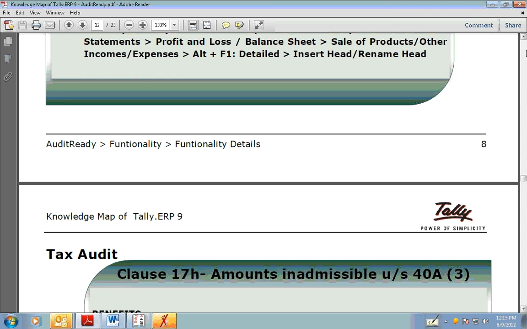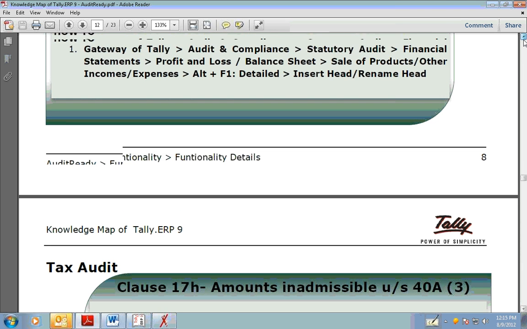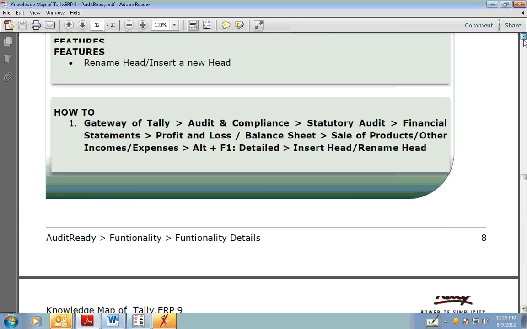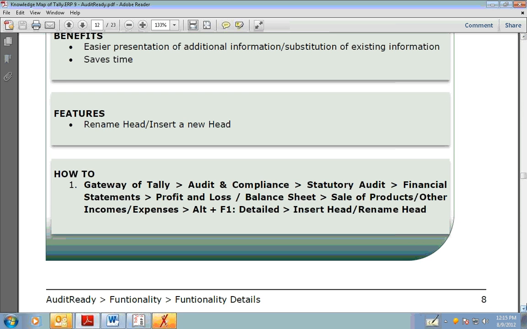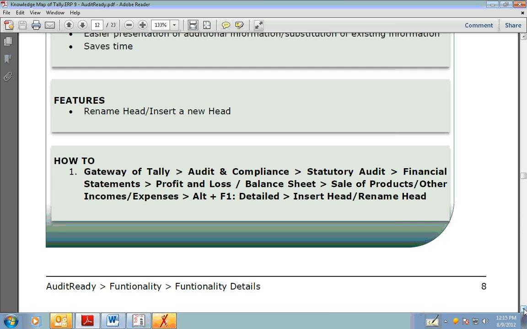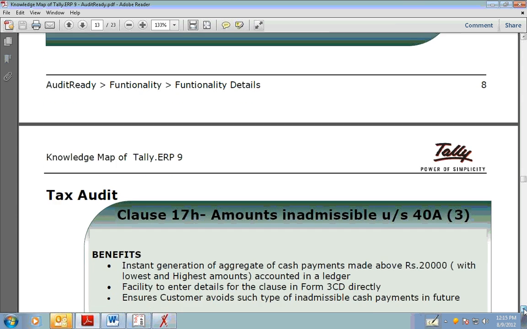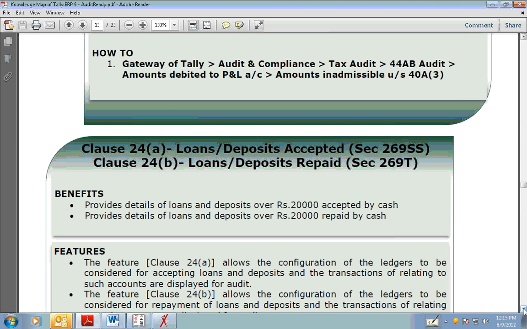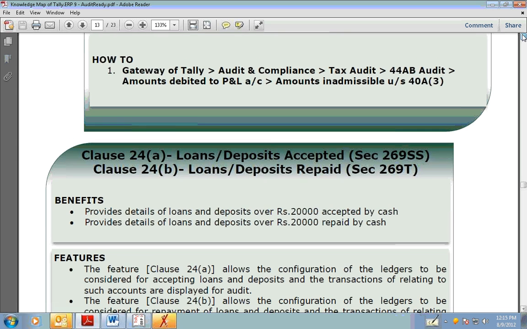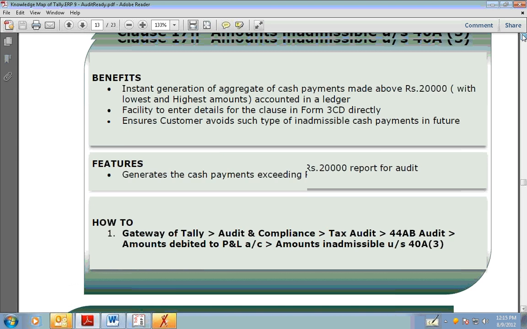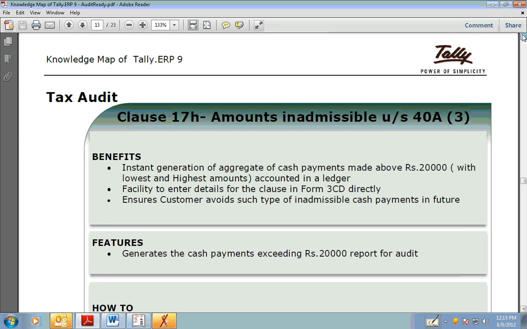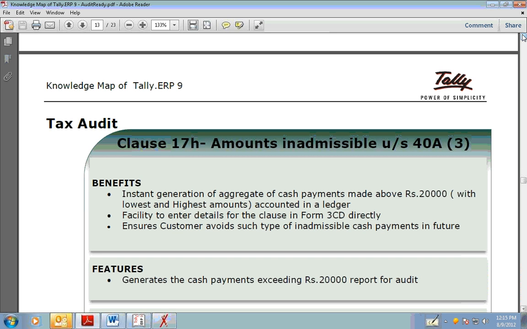So here we are trying to explain the focus point, how this particular tax audit will help us, the customers, to check. If you talk about how exactly this tax audit helps, we have a clause which says there are certain amounts inadmissible under section 40A subsection 3.